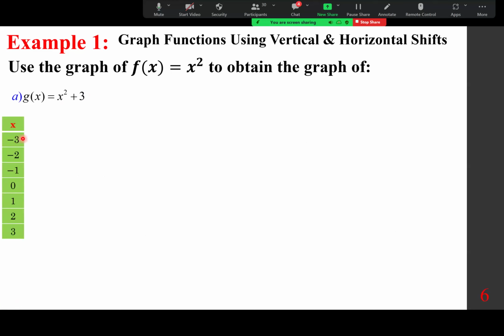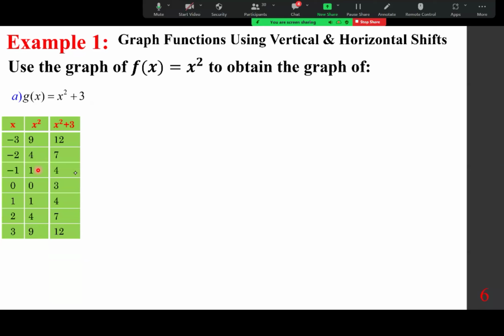So for example, for -3, for x squared, we get 9, 4, 1, 0, 1, 4, 9. And for x squared plus 3, the same numbers that we have here, we're going to add 3 to all of those. So this becomes 9 plus 3, 4 plus 3, and so on.